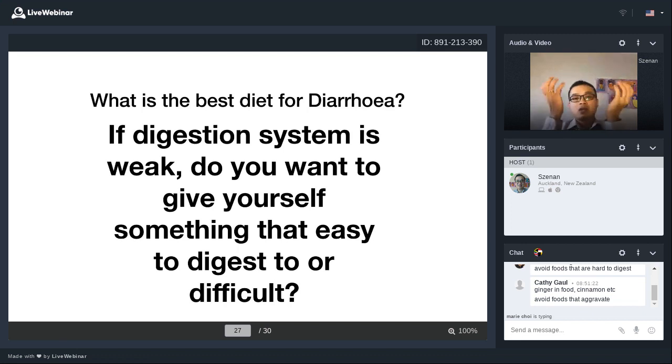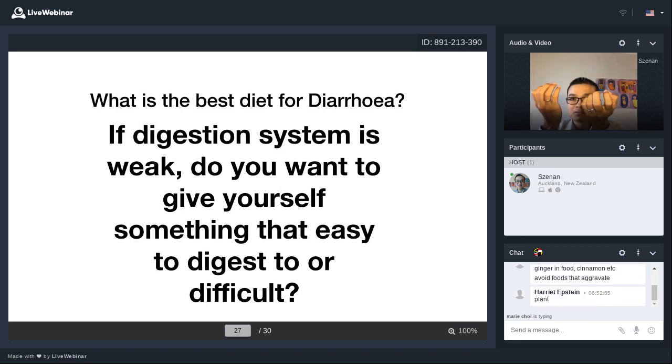Okay, veggie and meat. There's veggie plant protein and meat protein. Which one is easier to digest? Plant, yes. That's why veggie, yes. Right.